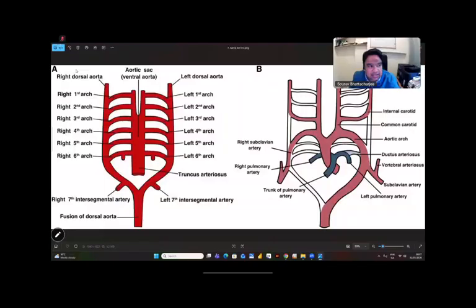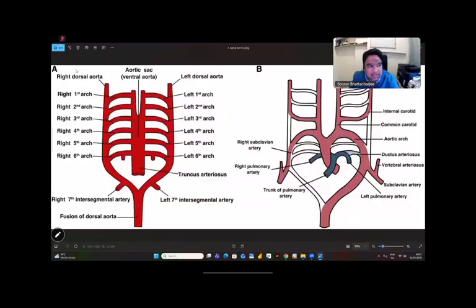Out of these six, number five usually digresses, so it disappears. Disappearance is probably not a perfectly good word, but it definitely digresses. It doesn't exist as such in adult animals. We still don't know why. It is one of the fallacies that the fifth pharyngeal arch basically does not develop, it digresses.